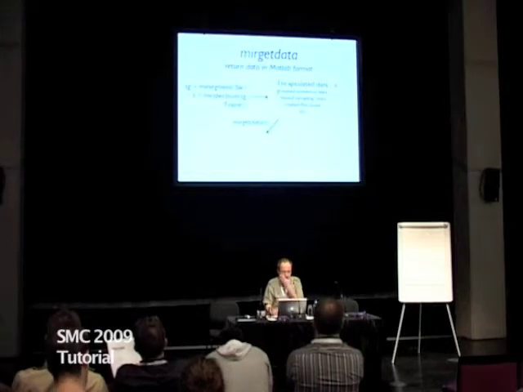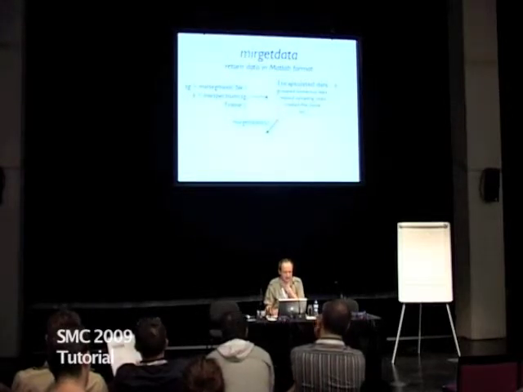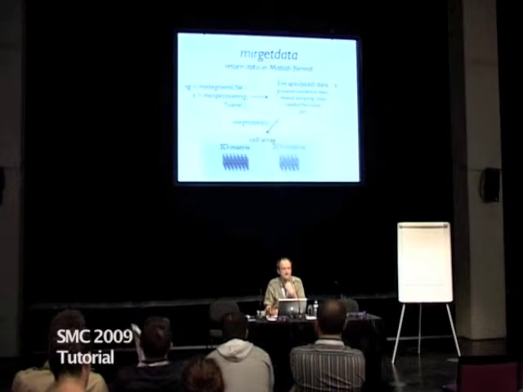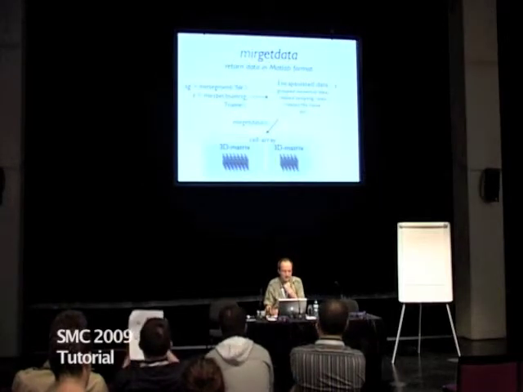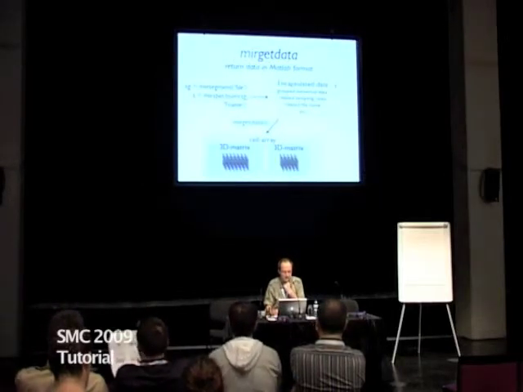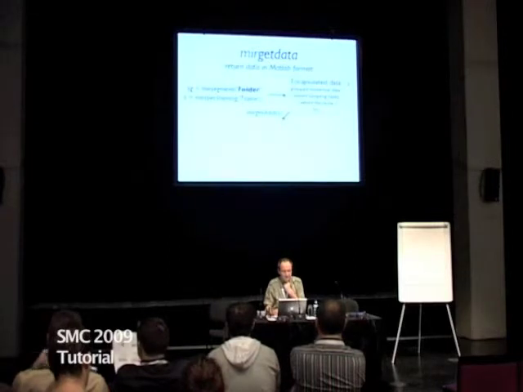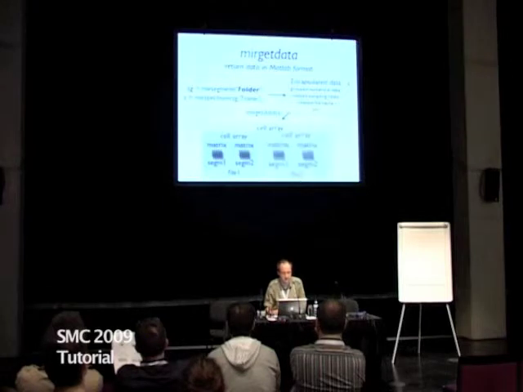Now it gets a little more complex. Let's say it was already segmented, so the spectrum of a segmented signal. Then MIRgetData will return a cell array, because each matrix has a different size. And now if you have a folder of files, it's the same but for each different file.